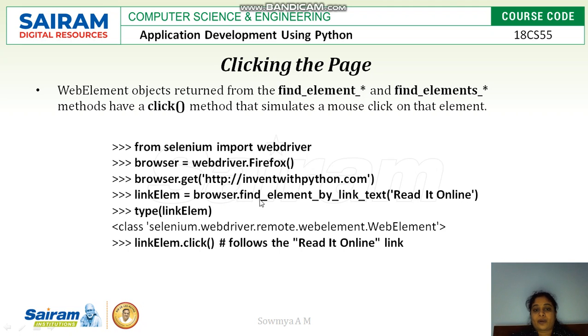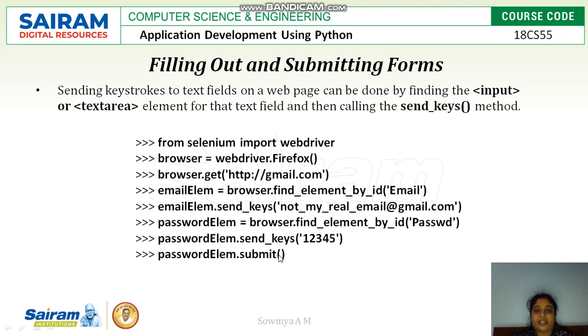Link element is browser.find_element_by_link_text for 'Read It Online'. Link element.click will click on the Read It Online link from the web page. Wherever the Read It Online hyperlink is created on the web page, this link element.click method will help you click on that hyperlink.